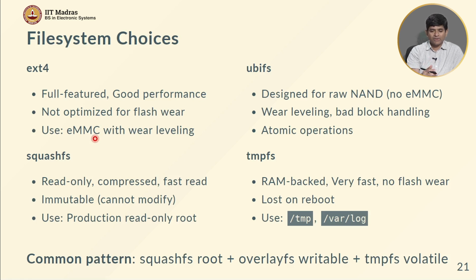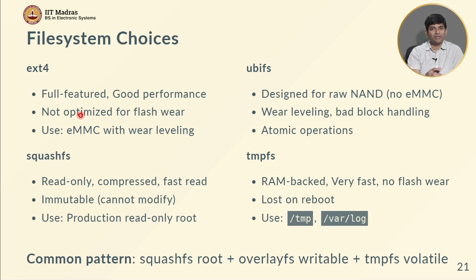So they have good performance, but they are not really aware of what happens in terms of wear leveling and so on, which means that if you have an eMMC card, which is commonly used in embedded systems, it's directly soldered onto the PCB usually. Many of those cards have built-in wear leveling.